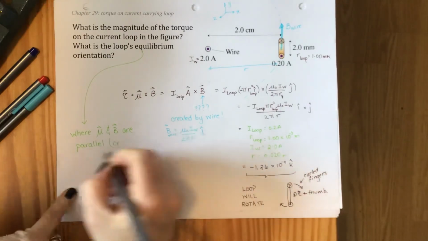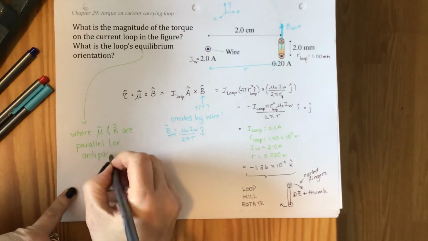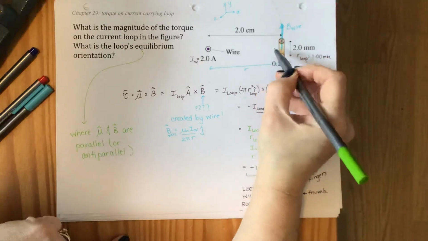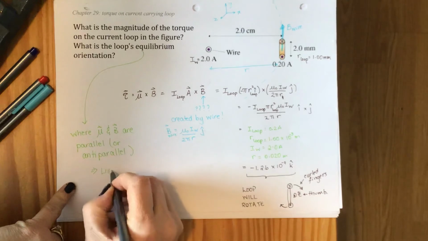And I suppose it could also be anti-parallel. The way to have that is the magnetic moment comes straight out this way. Your loop would have to be horizontal.